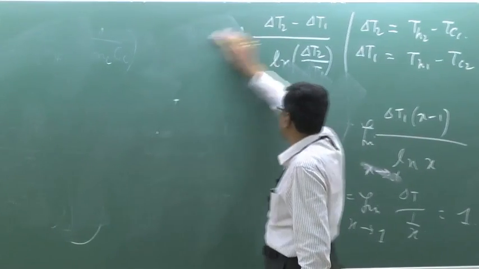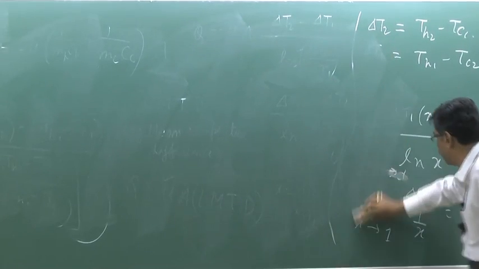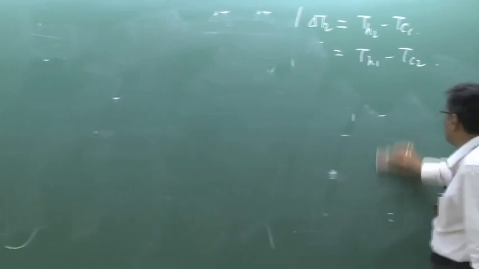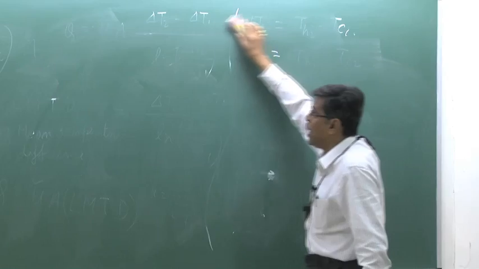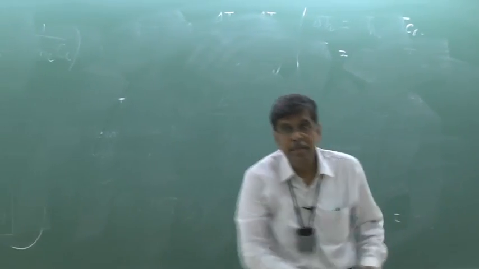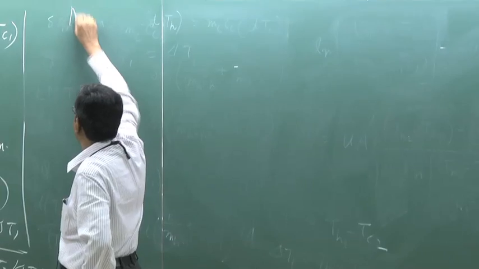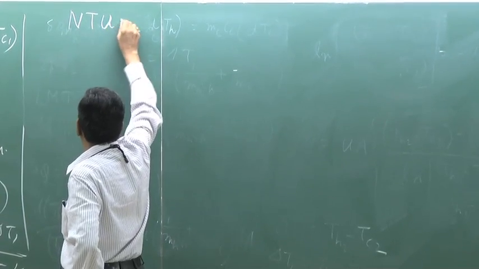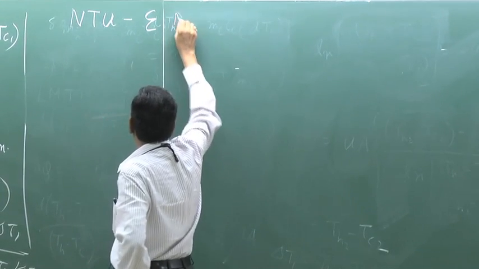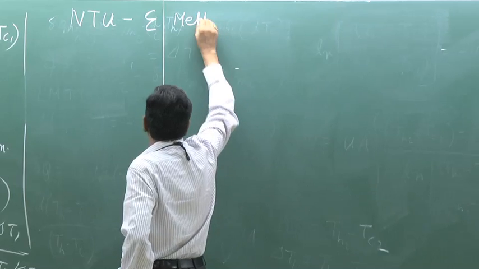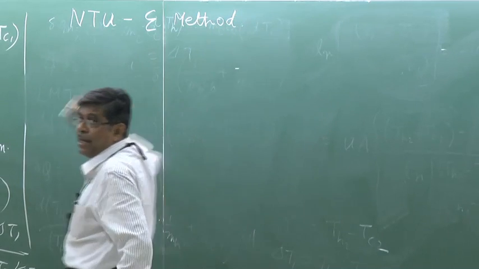That means we have to tell what are the outlet temperatures of the hot and cold fluid. And this method, which was found by Kays and London, is known as the NTU-Epsilon method. So LMTD is one method, another method is NTU.